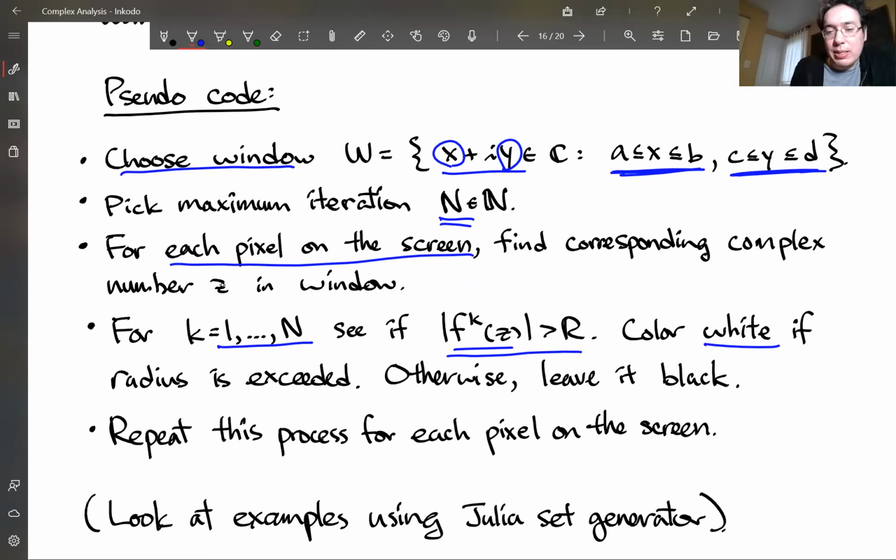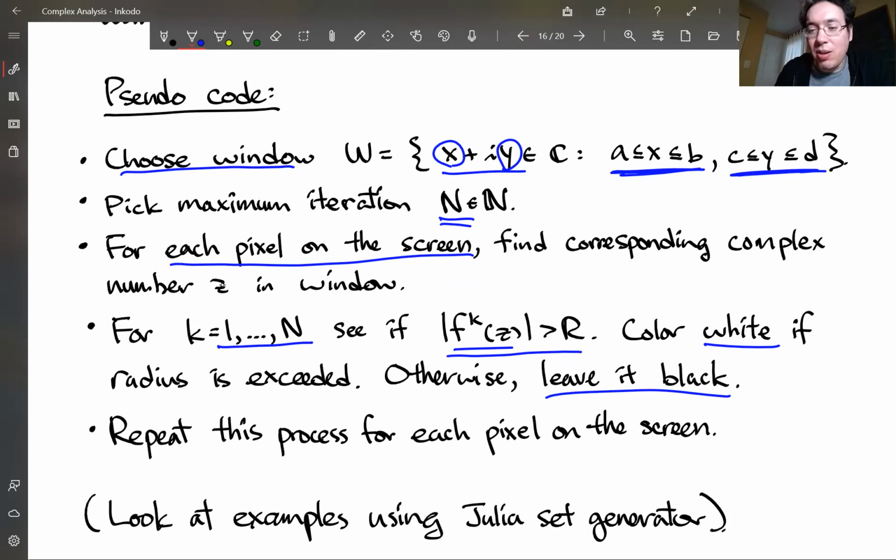And otherwise, if it stays within that radius for 1,000 iterations, then there's a good chance that it'll stay bounded forever, right? So we'll leave it black. You could do something slightly fancier. If it takes lots of iterations before reaching that radius, you might do a different gradation between black and white.